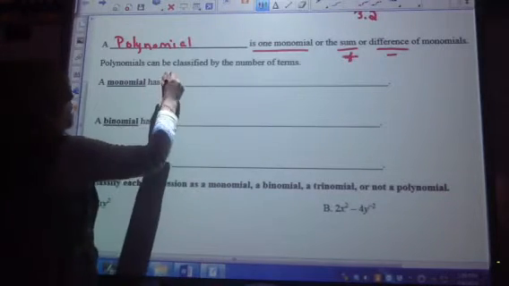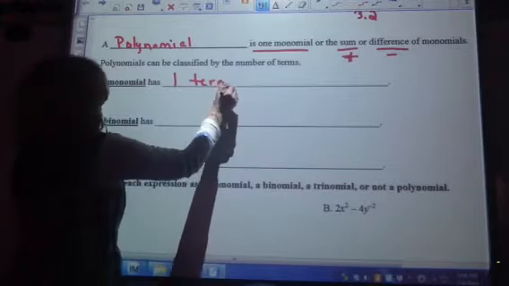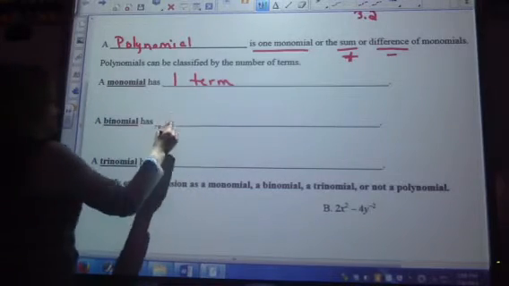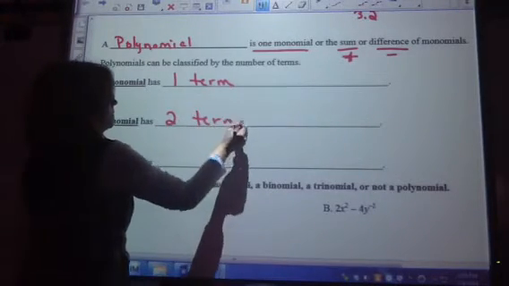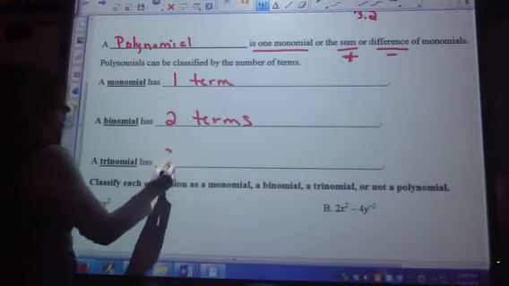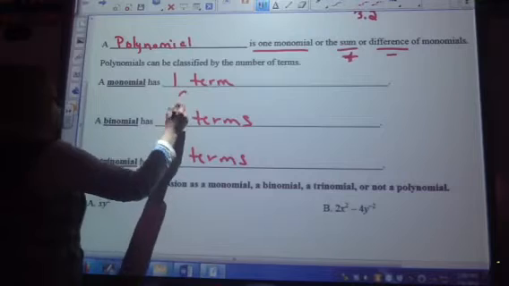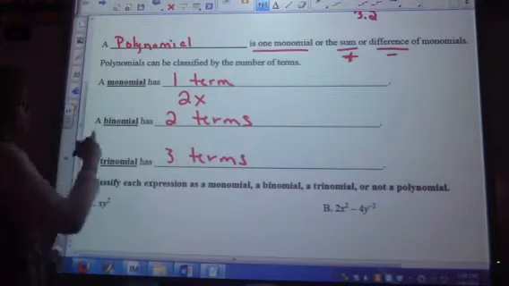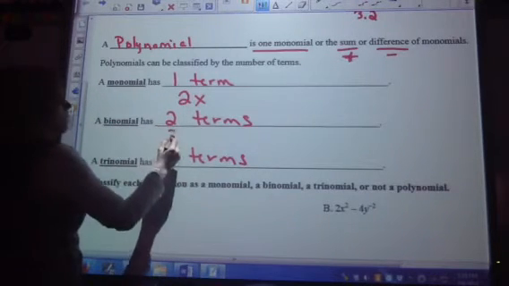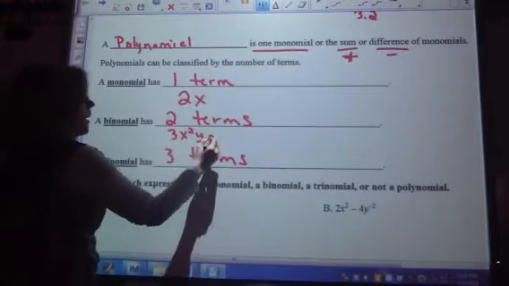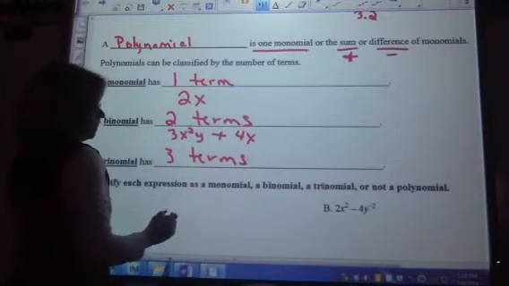We've already talked about a monomial has one term. A binomial has 2 terms. And a trinomial has 3 terms. Okay? So here's an example of a monomial. An example of a binomial could be 3x squared y plus 4x.